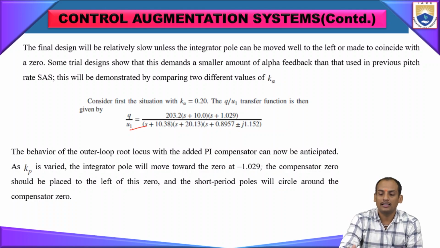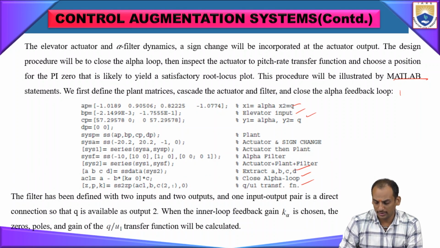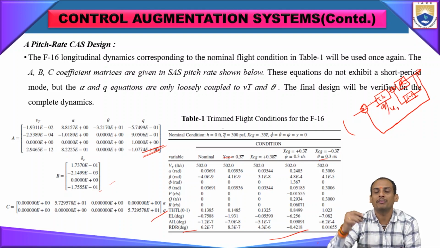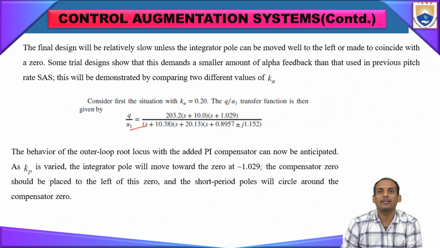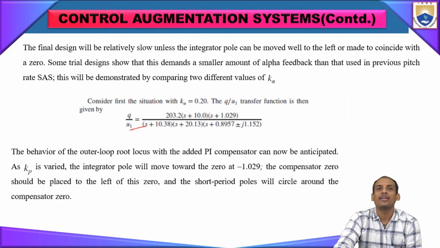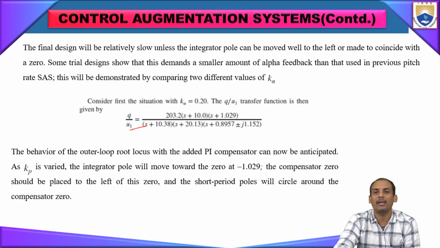So based on this transfer function only, the integrator works. The final design will be relatively good, unless the integrator pole can be moved well to the left or right, or made to coincide with 0 also.